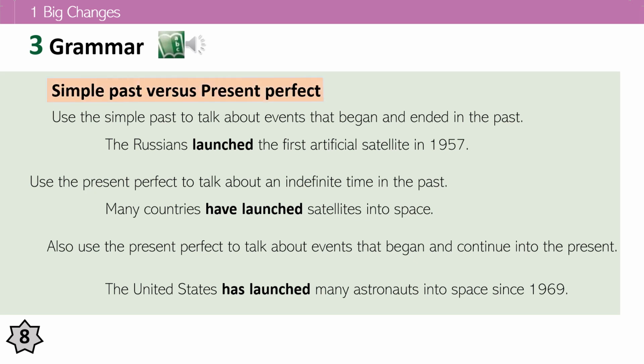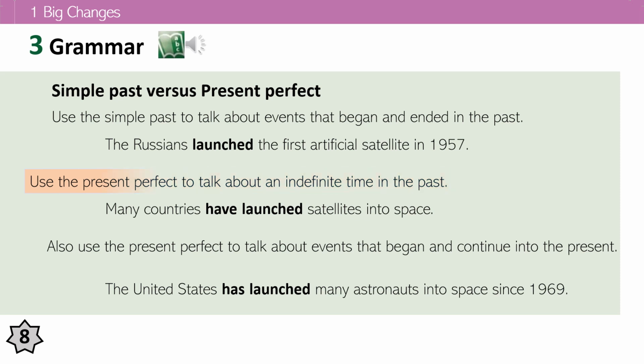Simple past versus present perfect. We use the simple past to talk about events that began and ended in the past. The Russians launched the first artificial satellite in 1957. We use the present perfect to talk about an indefinite time in the past.